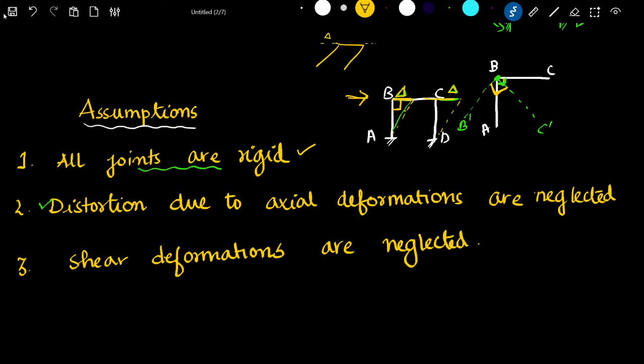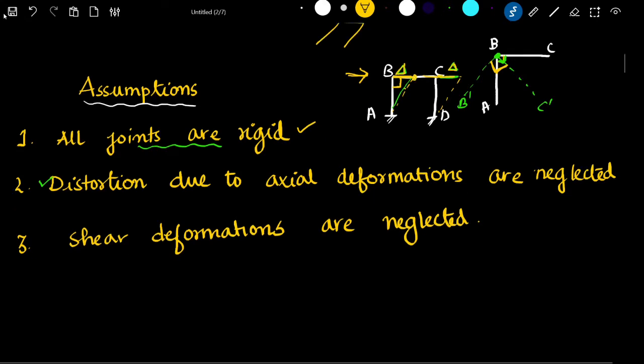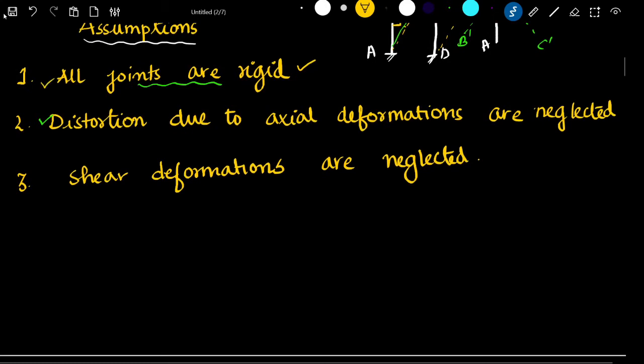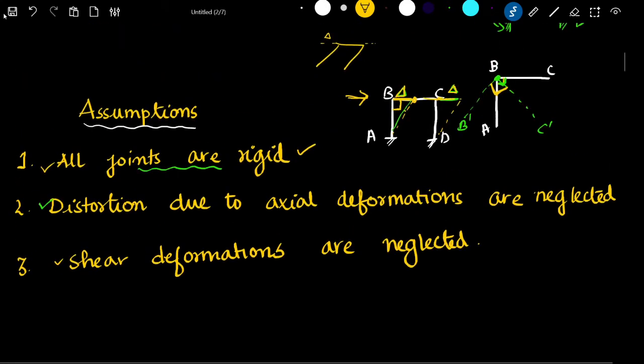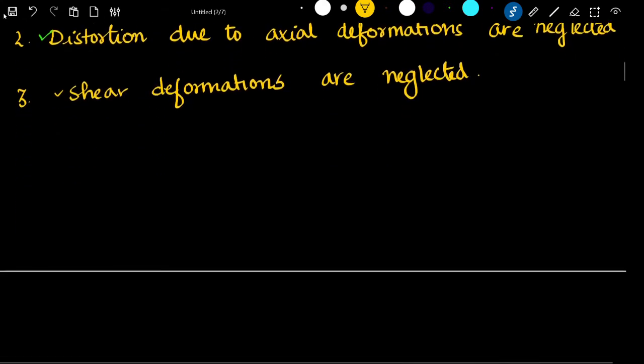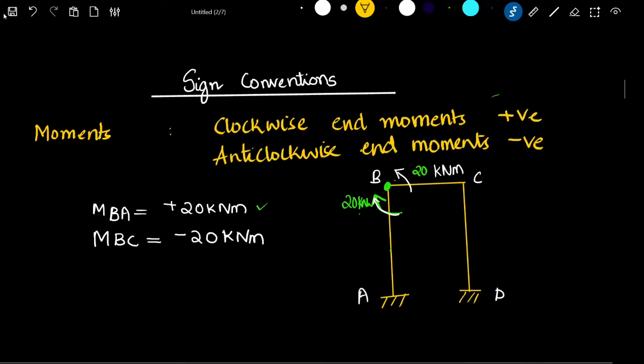So the delta here will be the same. That is the whole idea. And the final assumption was that all shear deformations are neglected. The deformations due to bending or flexure are more predominant in comparison to the shear deformation, so shear was neglected. So these were the assumptions made in this equation.